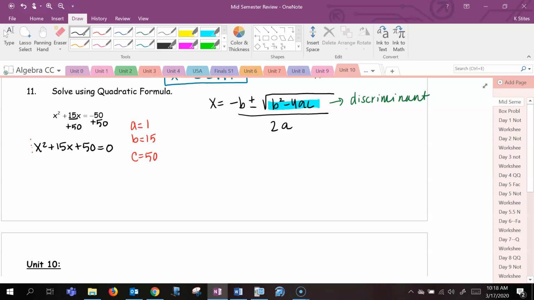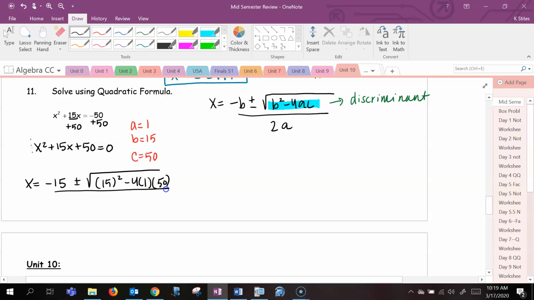Okay, so let's go ahead and let's plug it in. Opposite b will be negative 15, so x equals negative 15 plus or minus square root of b squared minus 4, the a value is 1, the c value is 50, all over 2a, so 2 times 1.